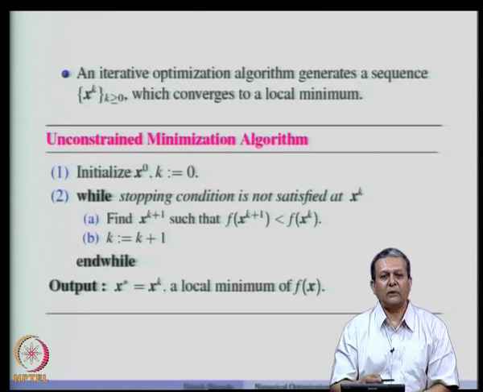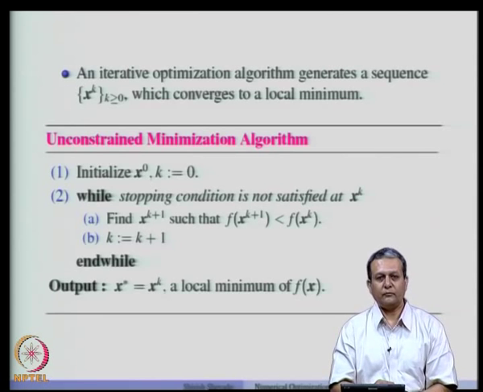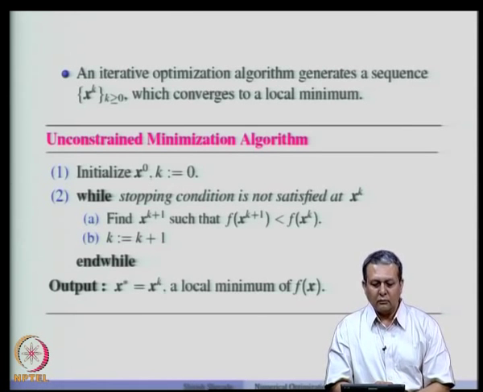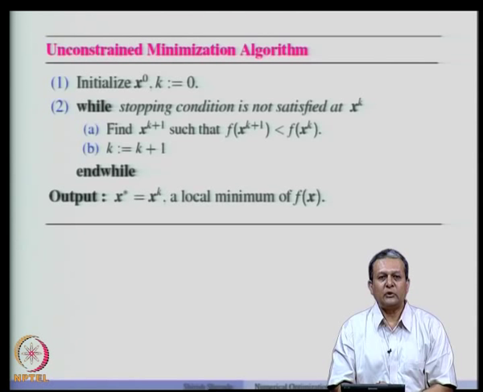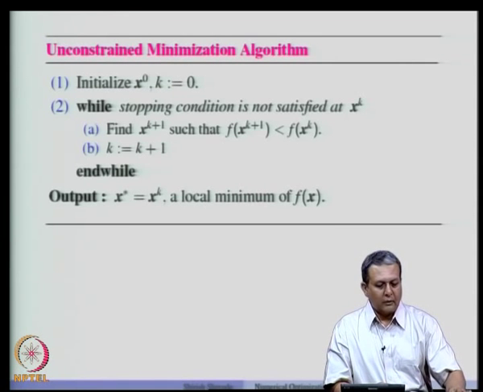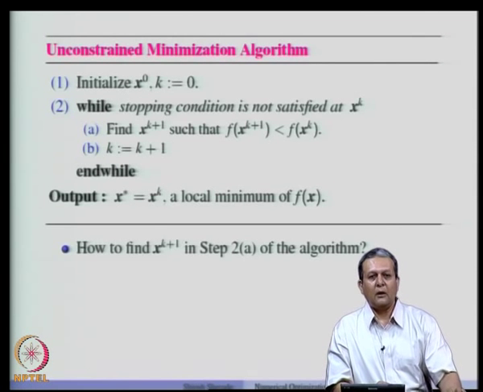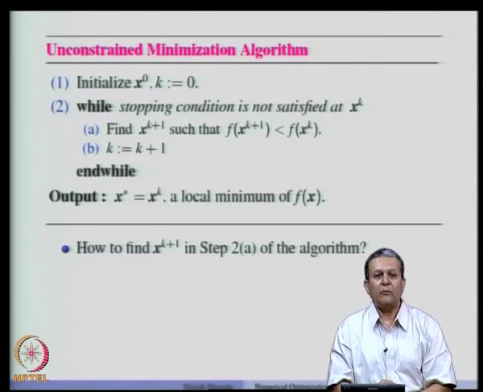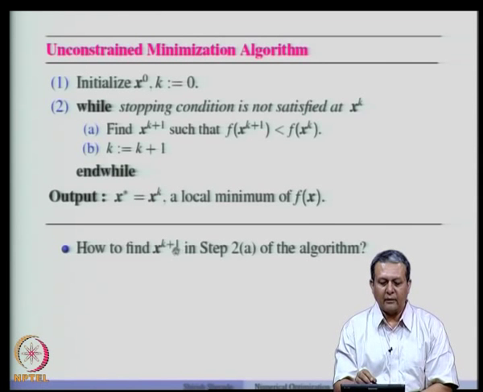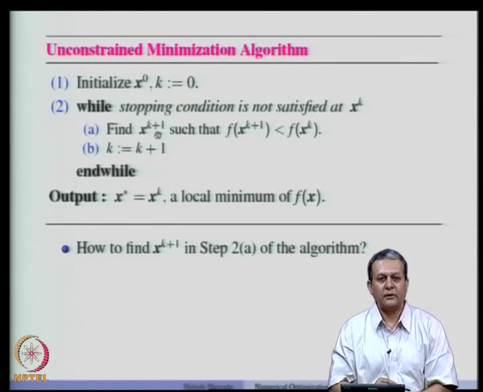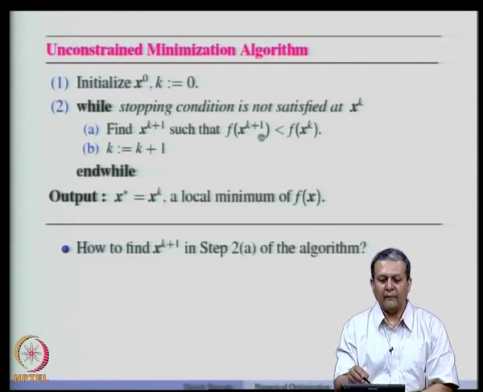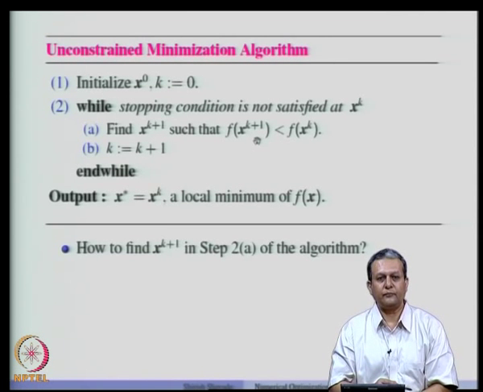Now, along similar lines, one can write the algorithm for an unconstrained maximization problem. There are a few questions related to this unconstrained minimization algorithm that need to be answered, and we will answer them as part of this course. One important question is how do we find xk plus 1 in this step of the algorithm such that f of xk plus 1 is less than f of xk.